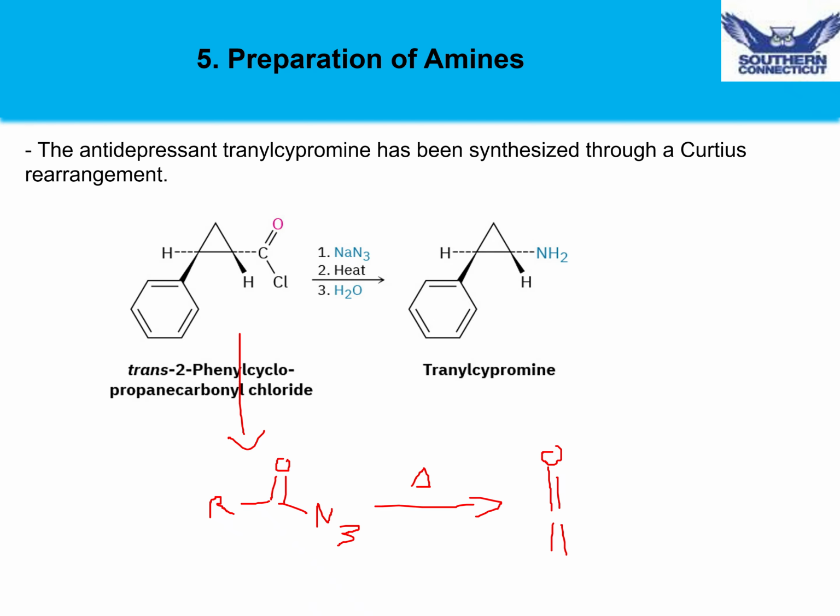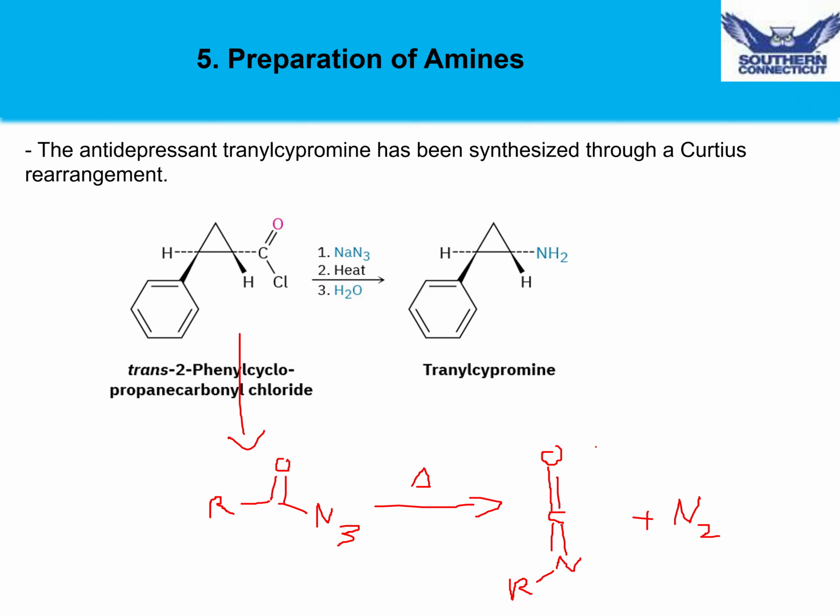So there's a carbon here that's double bonded to the first nitrogen of the azide. And the R group that was originally on the carbonyl on the left side will shift. We'll do a 1,2 shift from this carbon to the first nitrogen of the azide. The two other nitrogens will be lost as nitrogen gas.